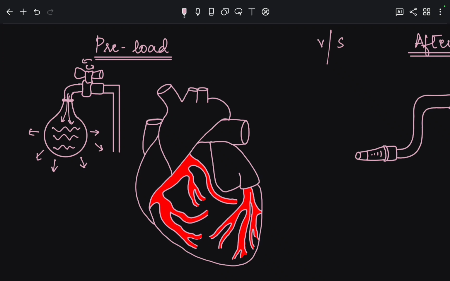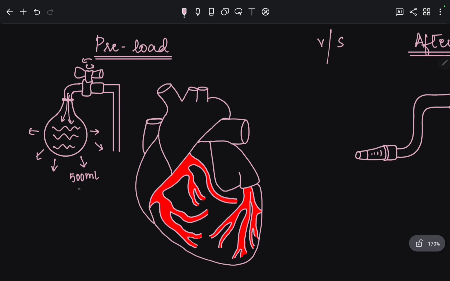Now let's say the balloon is able to hold 500 ml of water, but we put 600 ml into it. What will happen? The balloon will burst. This is because the balloon had an intrinsic ability of being able to stretch only to such a value that it can store 500 ml of liquid within it.